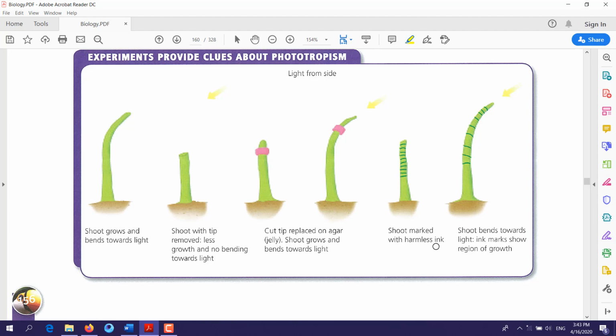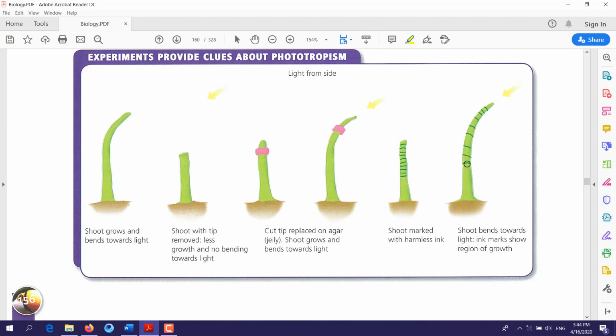Shoot marked with ink. Here they have this shoot, they put marks on it using a kind of ink. Then they followed the ink. What happened? They saw the shoot keeps growing and bending toward the light. Shoot bends toward light. Ink marks show region of growth.